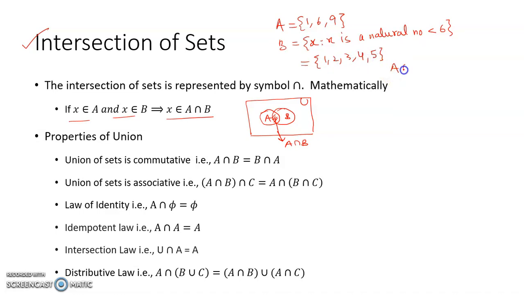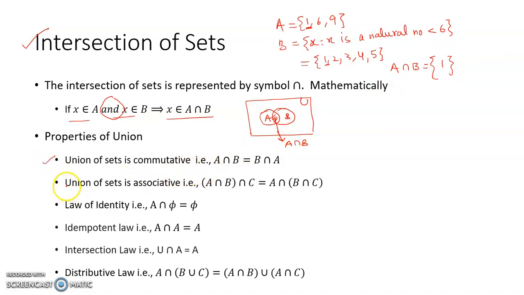Now, if I see what is common between A and B, A intersection B, "and" is a very important word here, like in union, "or" was a very important word. So the common elements are actually 1, that's it, nothing more. 1 is in here, 1 is in here. So A intersection B is going to be 1. That's the definition of A intersection B.